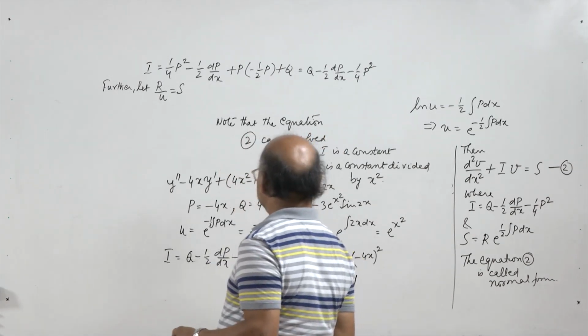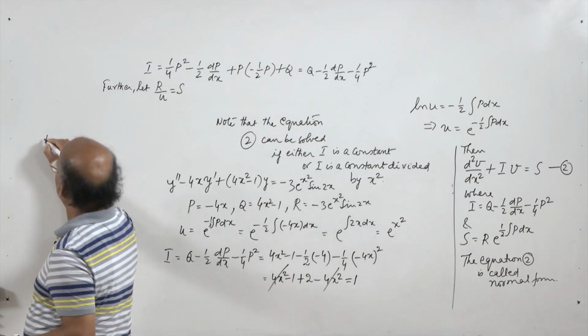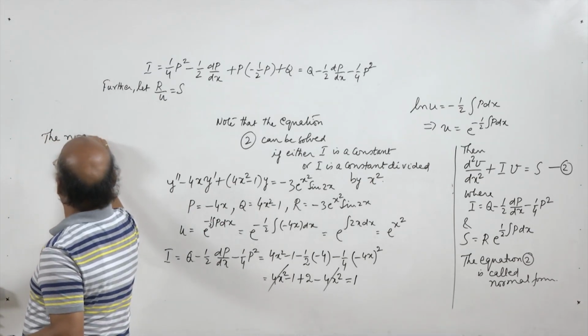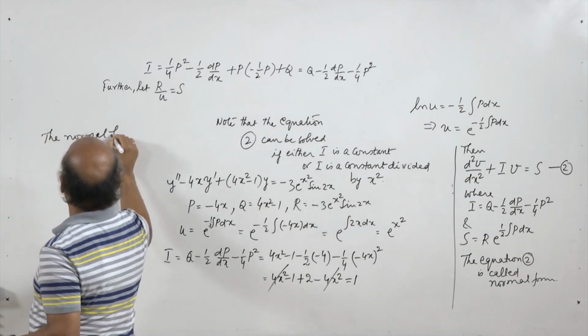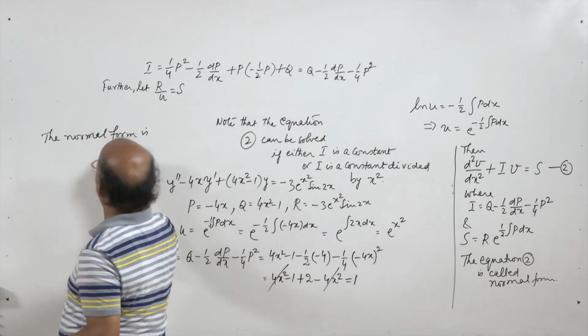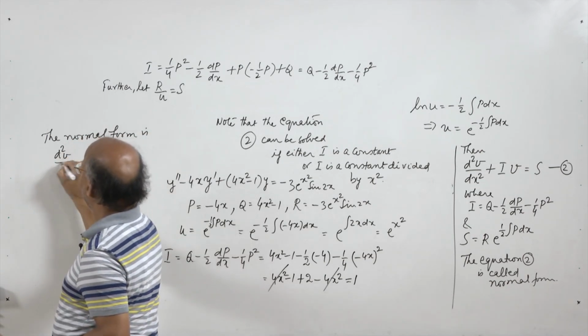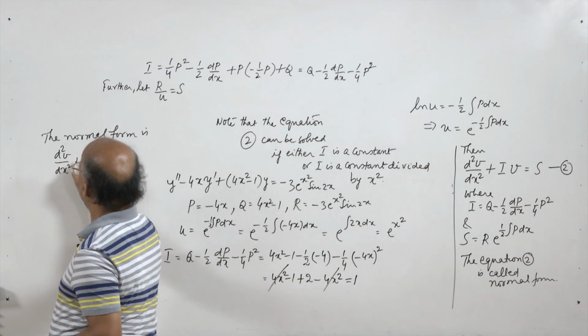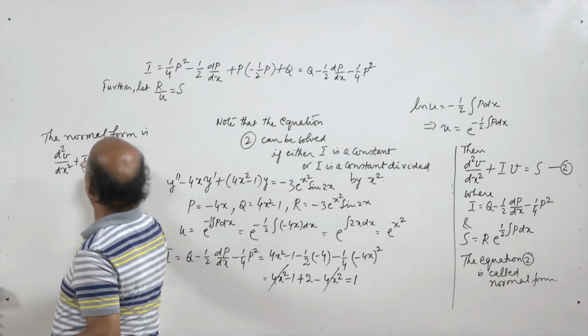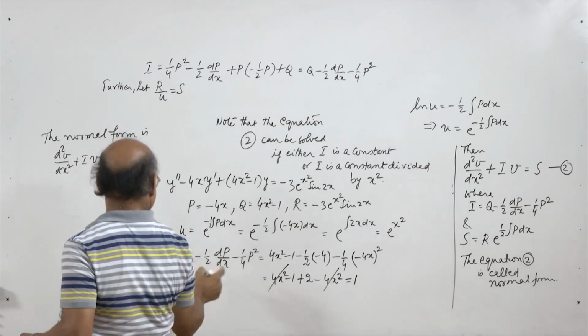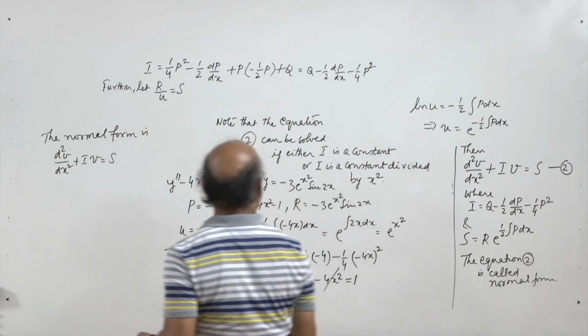Therefore, we can see that this given equation is readily integrable. The normal form is now d square b over dx square plus I into b equal to s. So, I is equal to 1 and s is r over u.